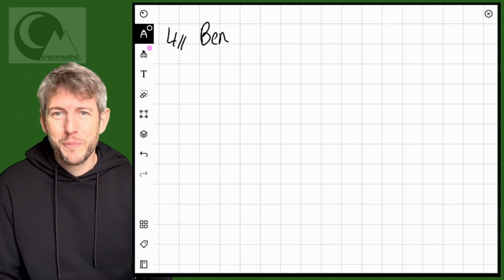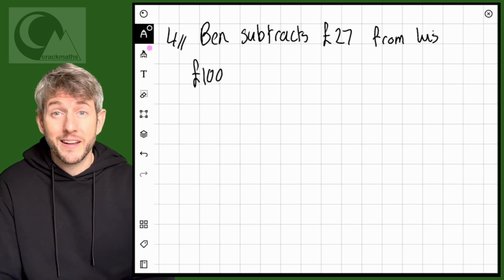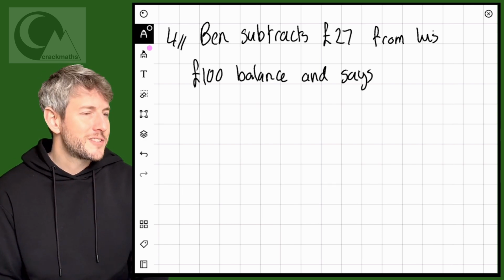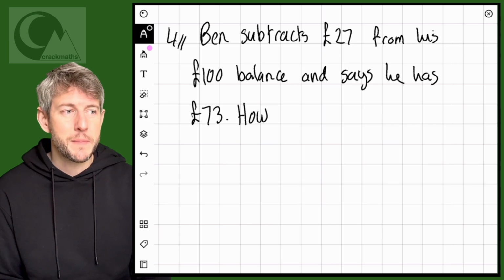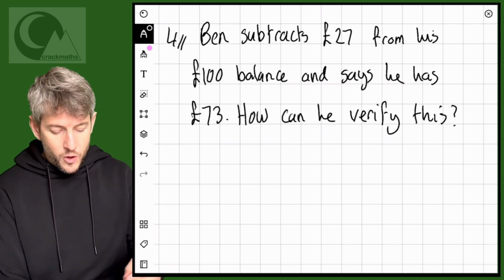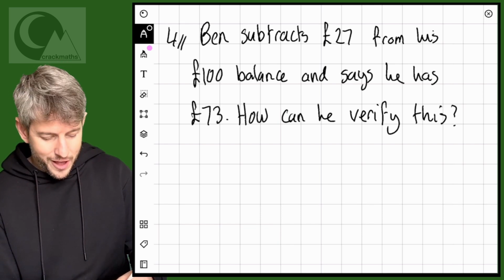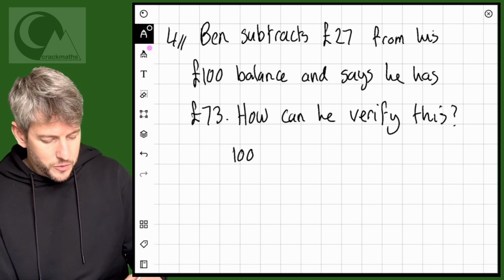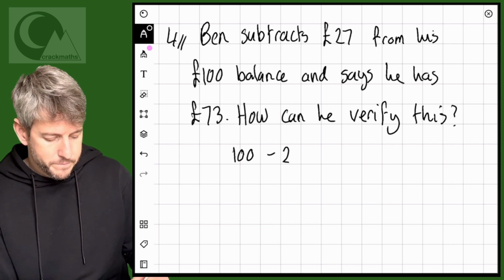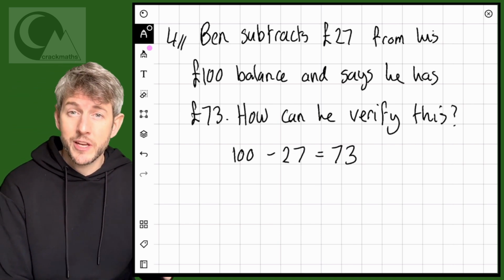Question 4 from the scenario questions says that Ben subtracts £27 from his balance of £100 and says that he has £73 left. How can we verify this? So we know his calculation, which we can write down to start off with. So we have 100 take away 27 equals 73.